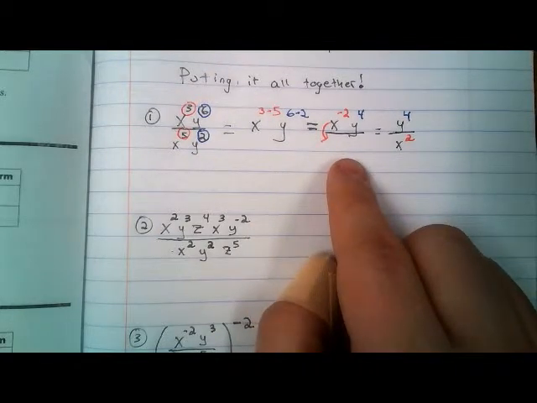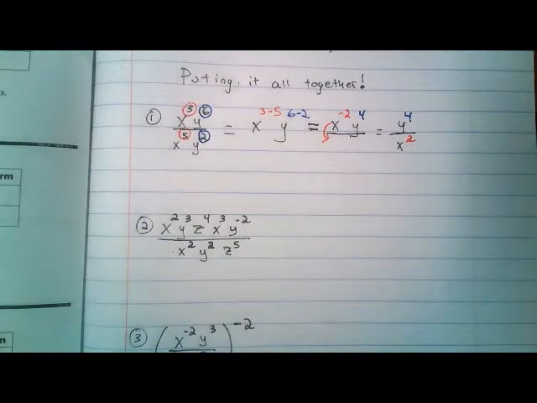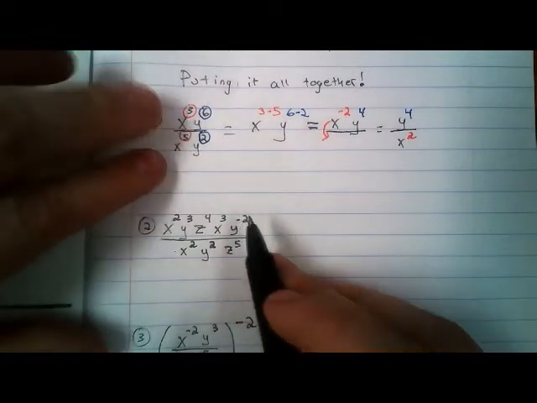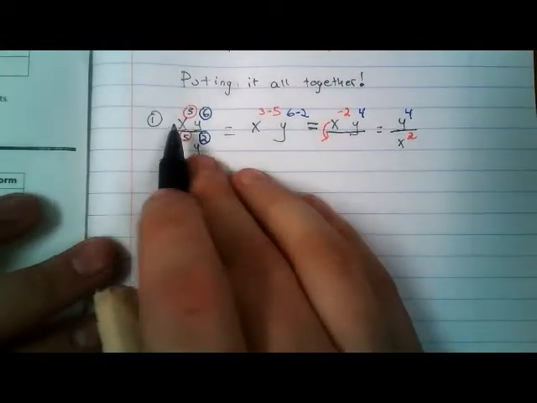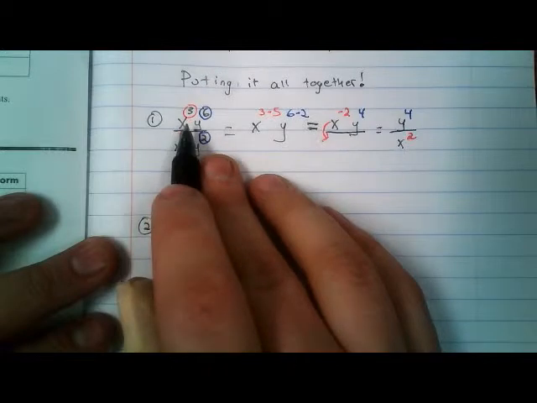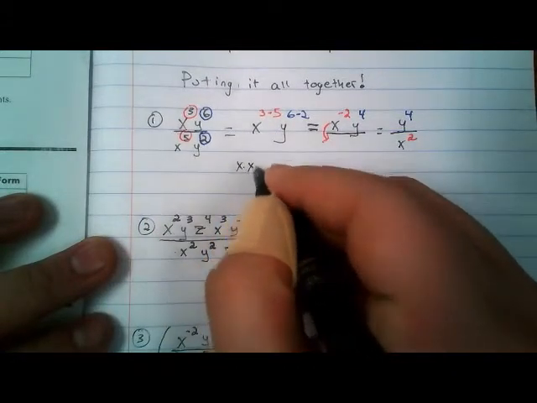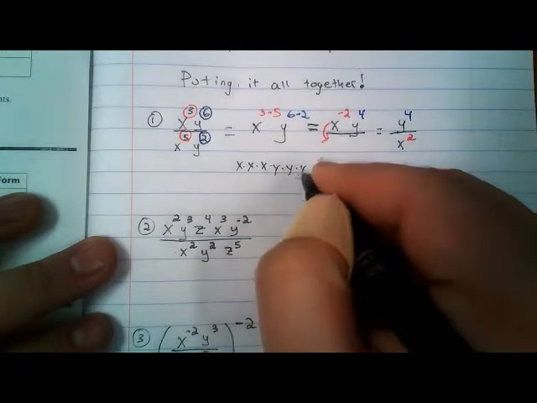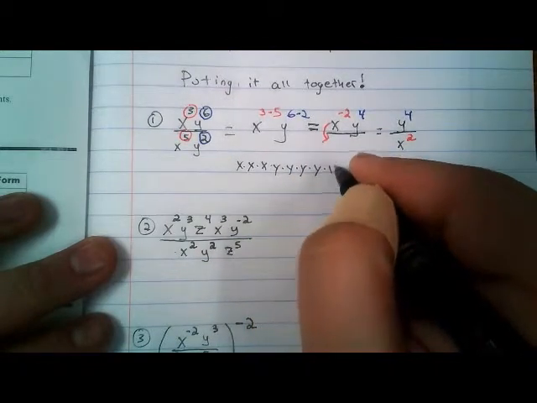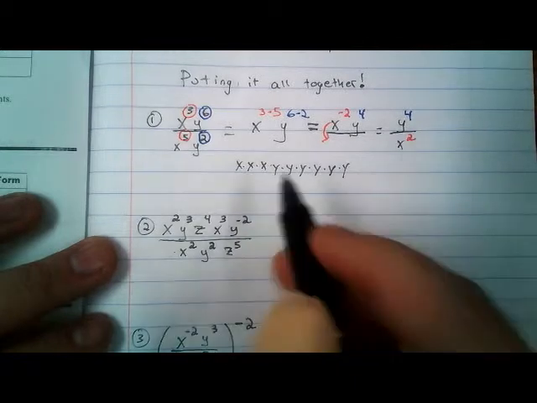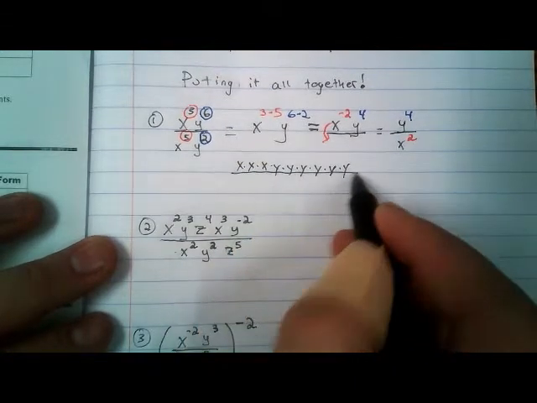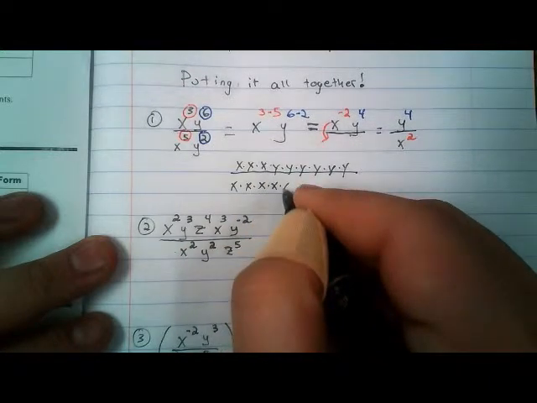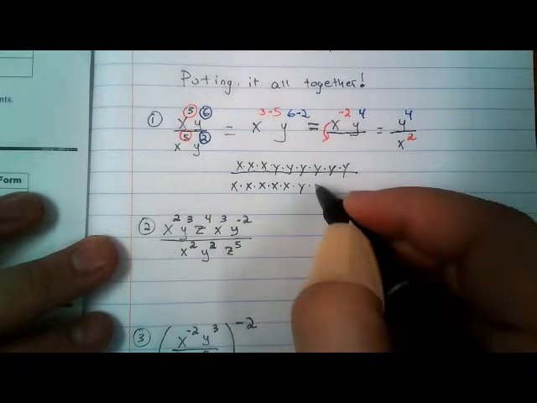And of course, when you're in doubt, really confused on what to do, you can expand the exponents. So x cubed is x times x times x. Y to the 6 is y times y times y times y times y times y. In the denominator, you have x being multiplied together 5 times, and the same with y.